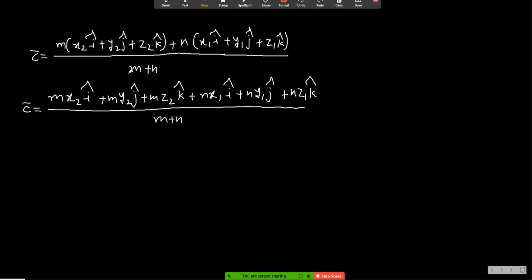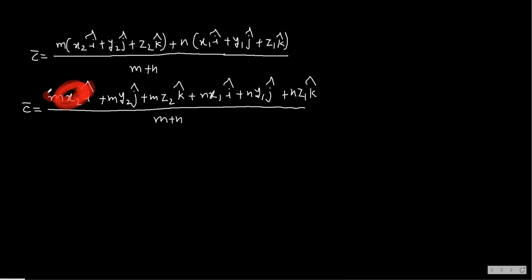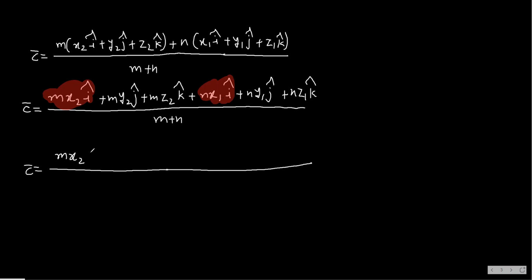In the next step, check this out. You got mx2 i cap, and here you have nx1 i cap. So we can take i cap common from these two, right? So I will get C bar equals to mx2 plus nx1 times i cap, and next I will take j cap common from my2 j cap and ny1 j cap.